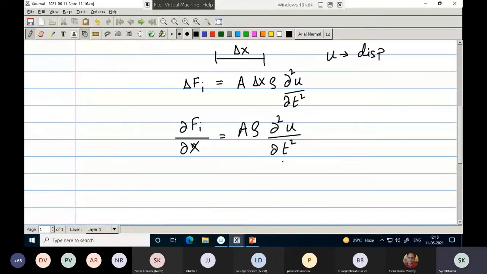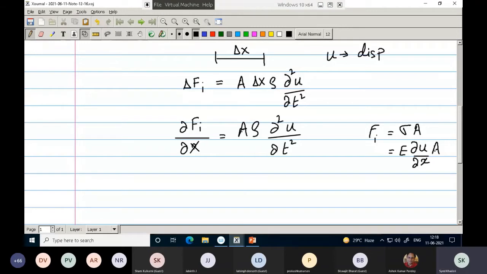Okay, so now we have to focus on this internal force. From our first course in solid mechanics or high school physics, the internal force is nothing but stress times area. Stress is the elastic modulus times strain, and strain we write as the gradient of displacement, times area.